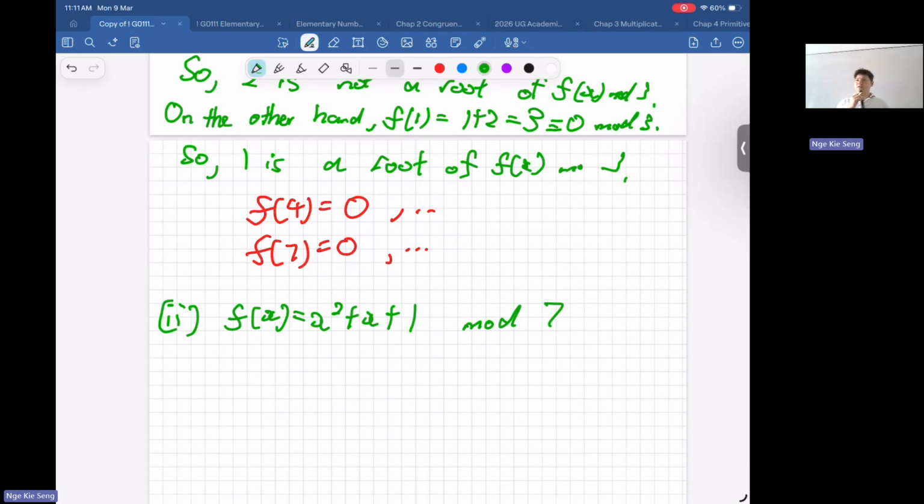One is 2, because 2 squared plus 2 plus 1 is 4 plus 2 plus 1, which is 7. There's another one: 4. So the other one is 4, and you consider everything up to mod 7. Okay or not?